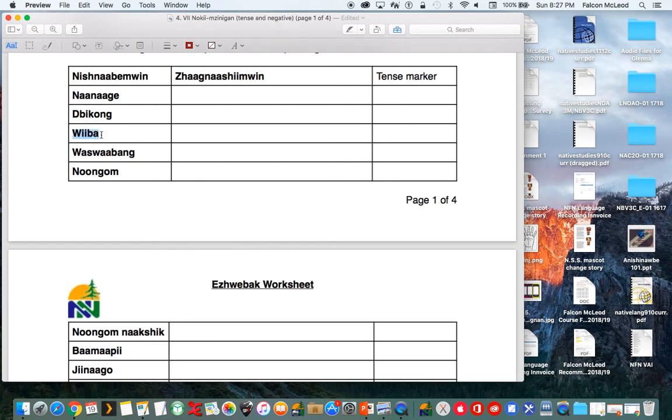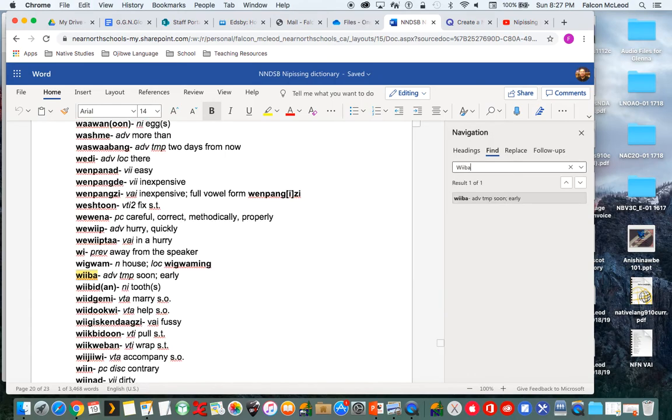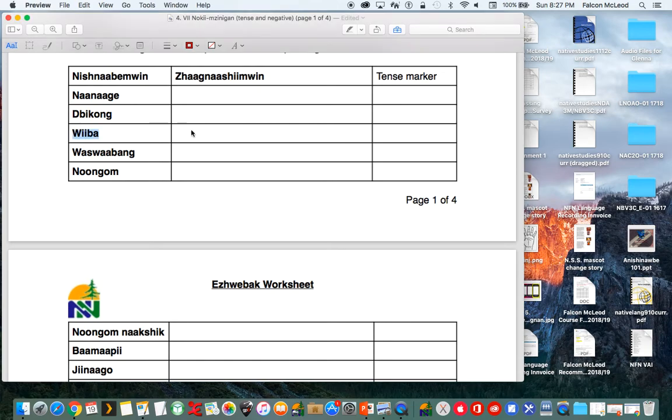So weeba, gonna command and copy, paste that into our dictionary. Weeba can either mean soon or early. So depending on which one you want to use. So we got soon.